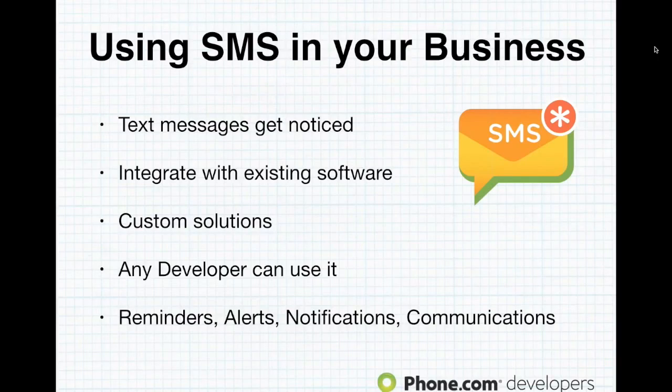So there's a lot of different ways that you can integrate SMS messaging into your business. The start is to look at what other applications your business is using, and whether it would make sense to have an SMS sent based on something triggered by that application. So let's say you're a doctor and you've got a scheduling system.